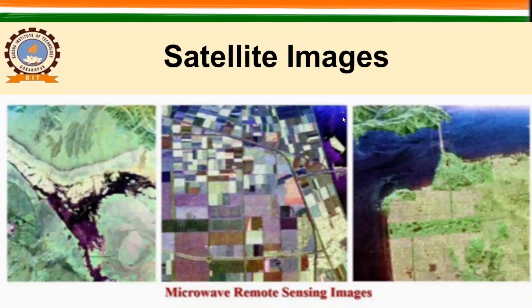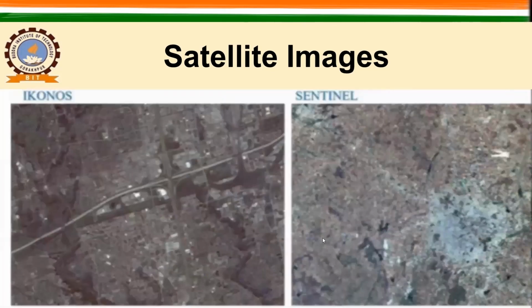So the information will be completely different from our visible, infrared or thermal data. You will understand that slowly once you cover this whole course. Okay. Another example is of IKONOS and Sentinel.